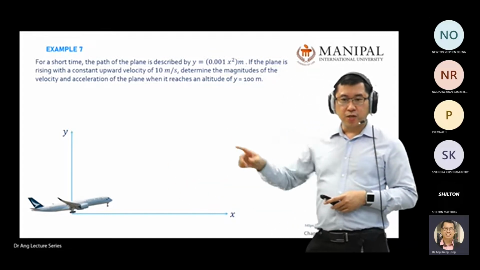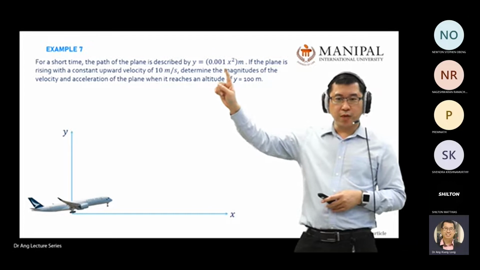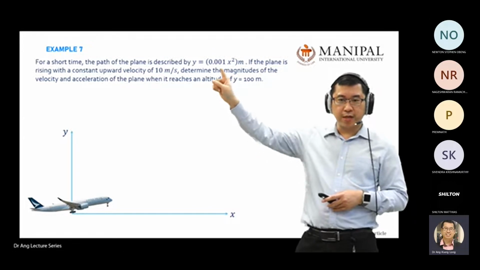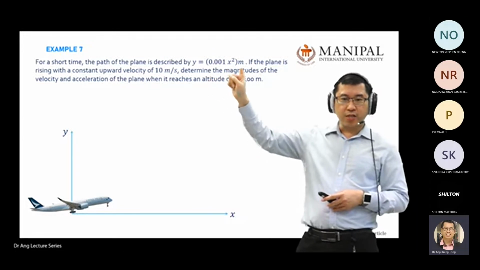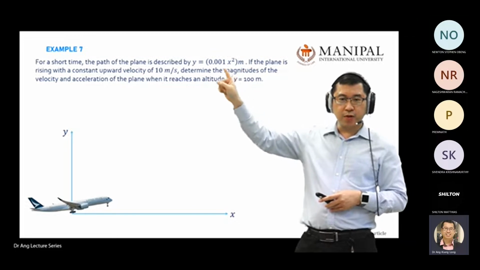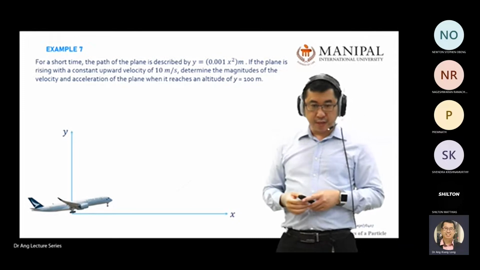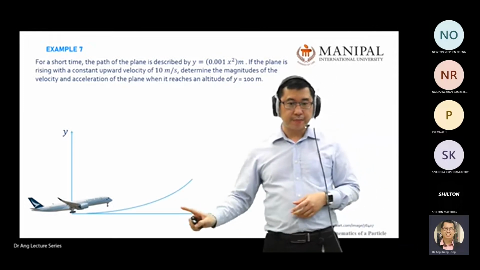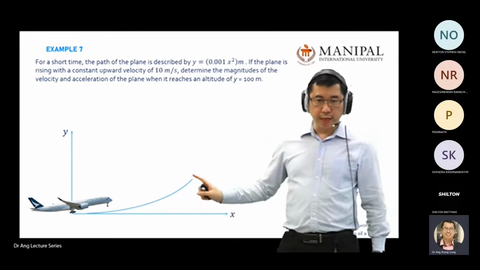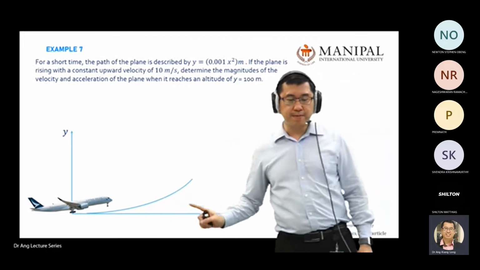So recall the shape of this quadratic equation: y equal to ax squared plus bx plus c. You only have the square and a is positive, so you have a smiling face, a smiling curve like this.